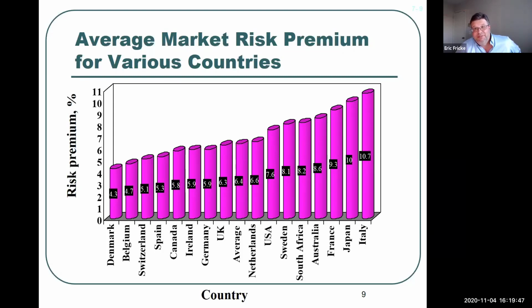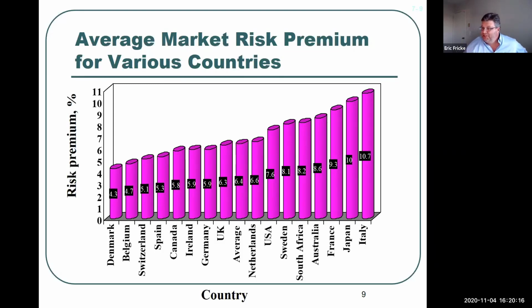And that shows up in the risk premium. So tax systems, legal systems, corporate governance. Companies are kind of governed by the governments in which they operate. And depending on the climate toward businesses, depending on how easy or hard it is to operate a business, that will affect the risk premium.